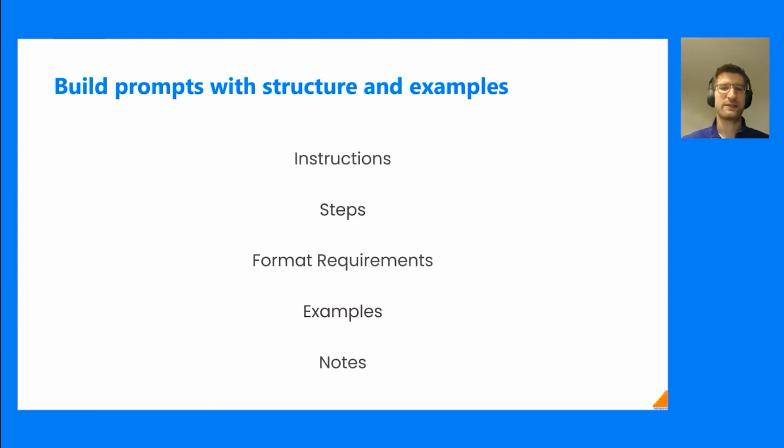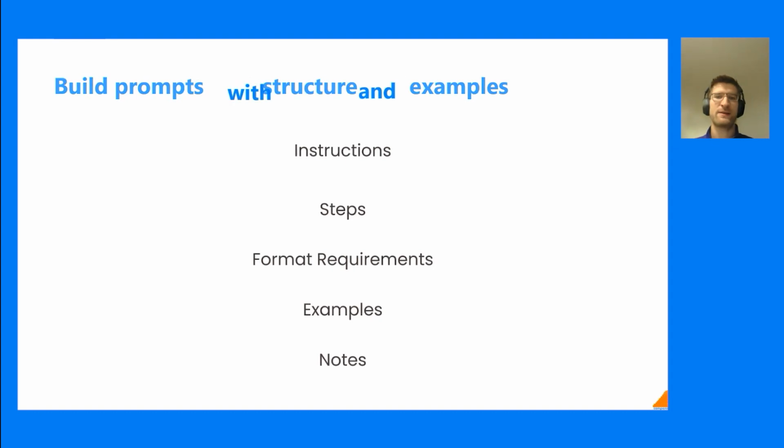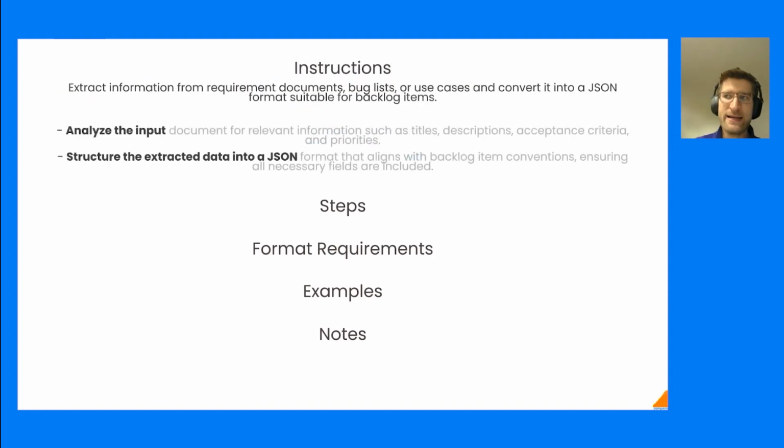So let's go through those 5 components of our backlog management helper prompt step by step. First, we've got instructions. And in reality, anybody who tries to build a prompt does not struggle with instructions. We all know that if we want something from AI, we need to tell the model what we want.